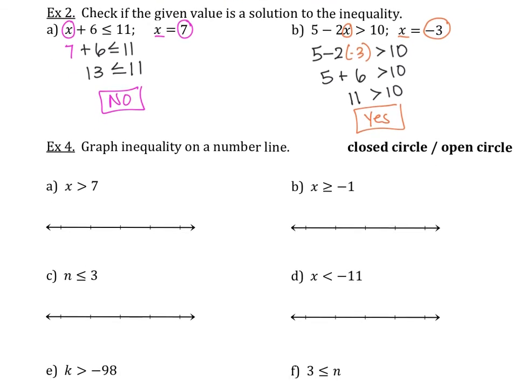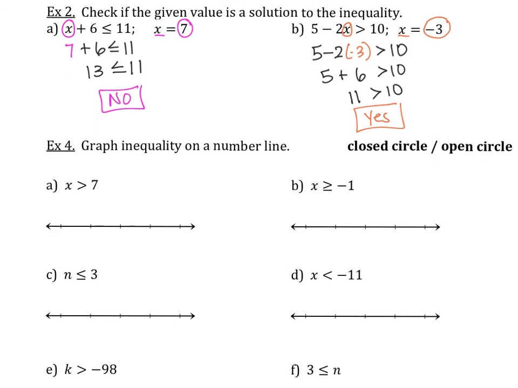Okay, now for inequalities, because there's so many solutions, we graph them on a number line. And we use a shaded region to show all the possible solutions. Okay, before we start doing this, you've all done this before. These are the ones that have closed circles and open circles on it. When I say closed circle, I mean a colored in circle.